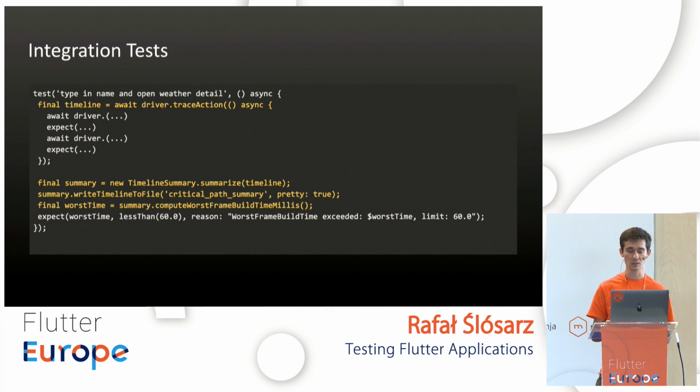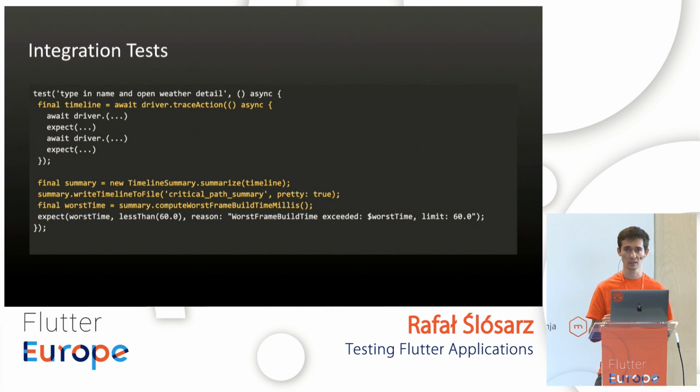Using integration tests, we can track if we have any jank in our code. It's pretty simple because we can easily wrap our integration tests with this function from driver, which is trace asynchronous function, which gives us just a timeline, which is full information about how this performance went. Inside of this file, we get a nice JSON, which gives us those flame charts basically.